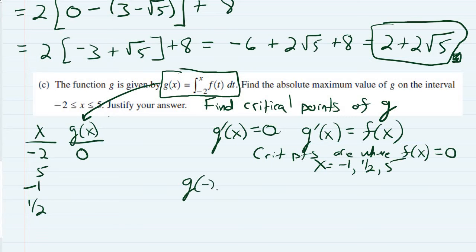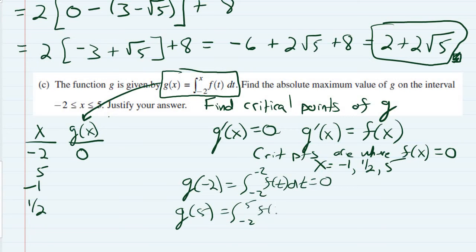G of negative 2 is the integral from negative 2 to negative 2 of f of t dt. That's 0. If I want to know what g of 5 is, I have to take the integral from negative 2 to 5 of f of t dt.